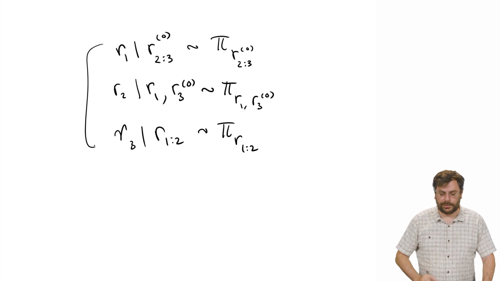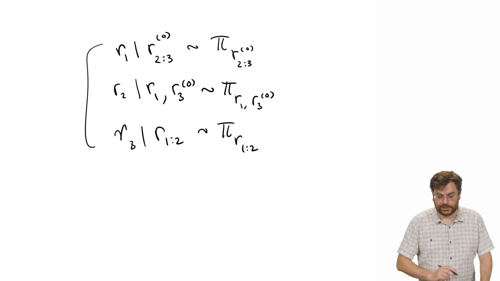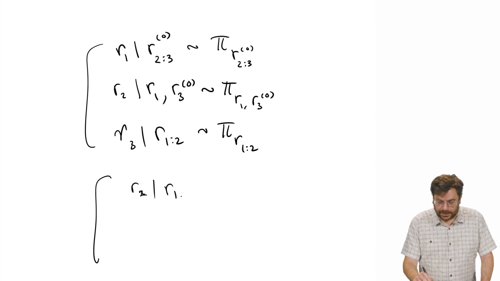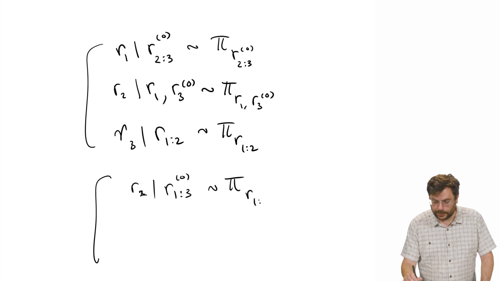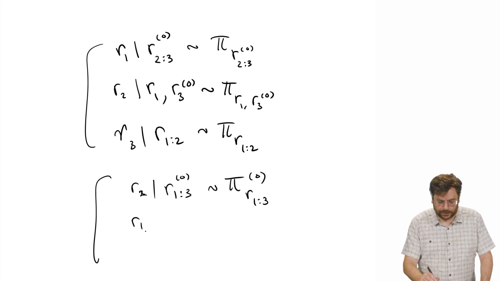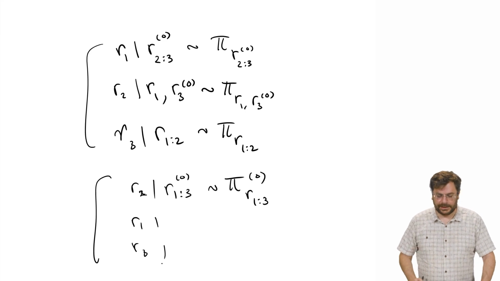Now I could repeat this process and choose to sample R2 first. So in principle, this may look something like R2, then R1, R3, and so forth. Or I can choose to sample R1, R3 in that order, and so on.